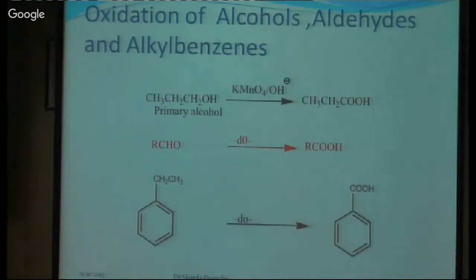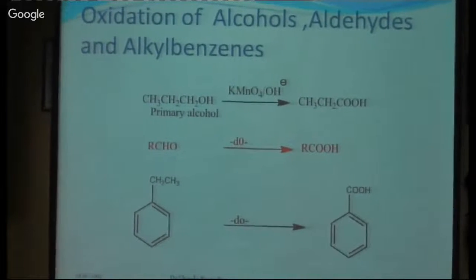And I told you 5 minutes back that irrespective of the length of the carbon chain, on oxidation, it will be oxidized to only a single carboxylic group, right? What I mean here is, you have one carboxyl group being generated per alkyl chain, irrespective of the chain length, right?